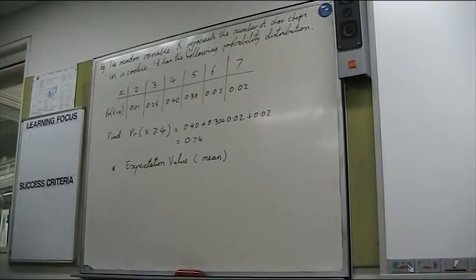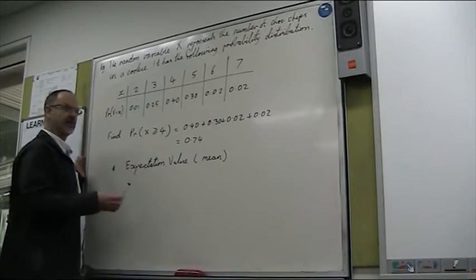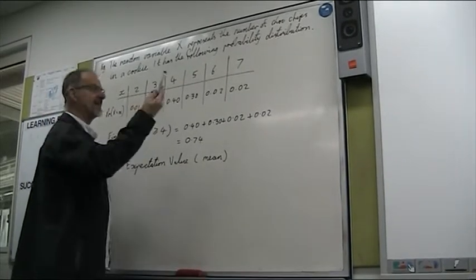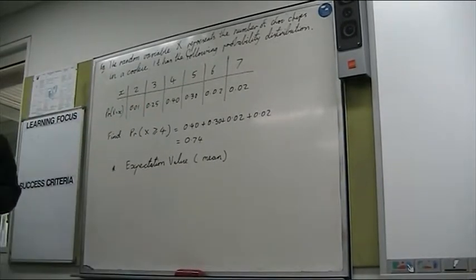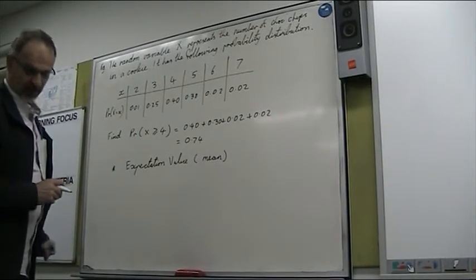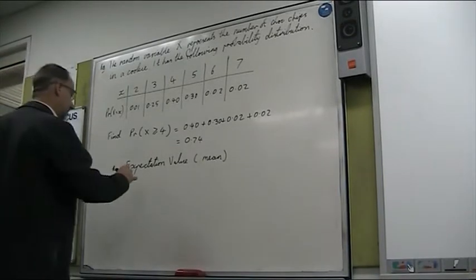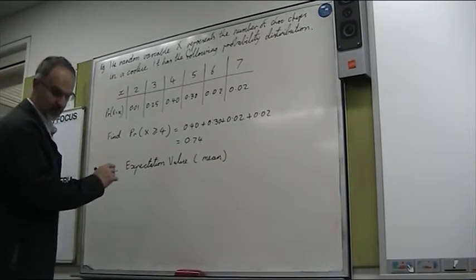So for discrete random variables, the mean, they call it the expectation value. Expectation value is how many would you expect to get. So it's like a long-term average, and it's calculated in the following way.